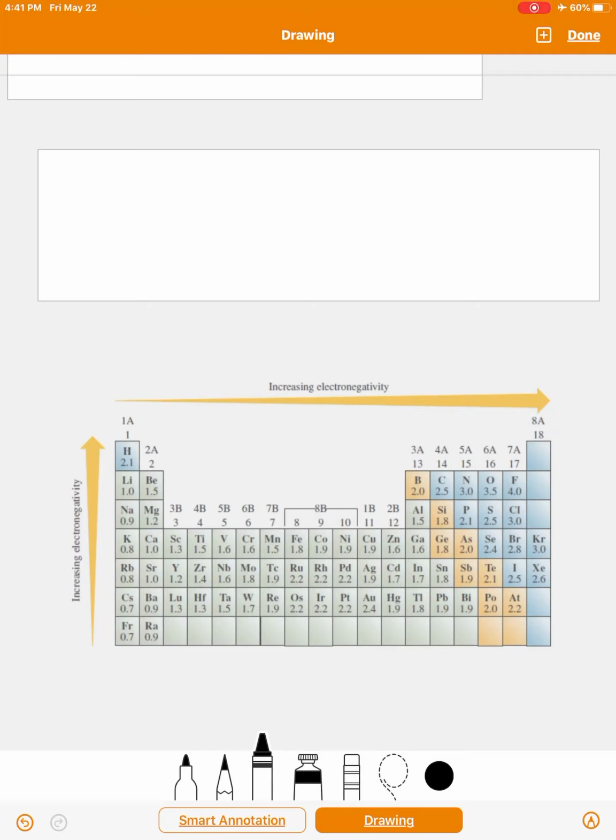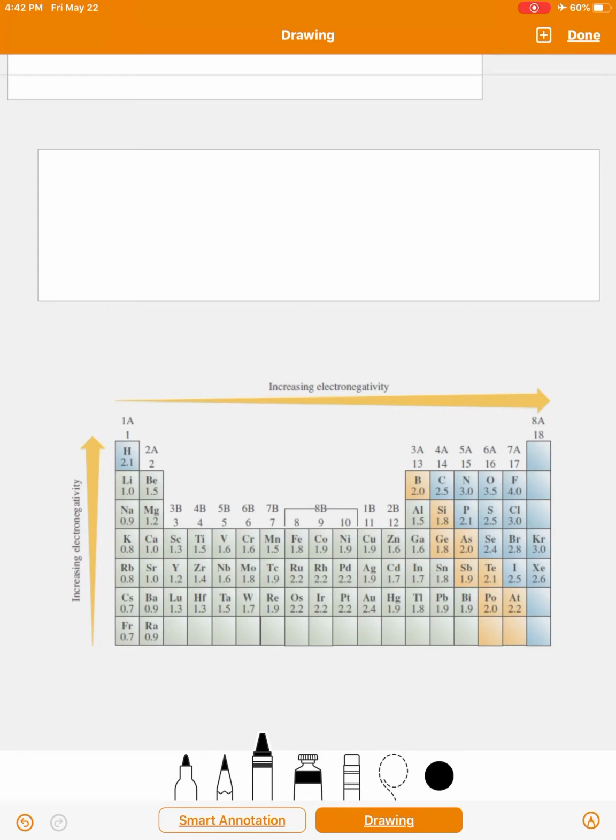The non-metals in blue tend to have the largest values. The metals tend to have smaller values. Okay? One pattern is as you move from left to right, the electronegativity increases. As you go from bottom to top, it increases as well. So that leads us to the highest values in the top right and the lowest values in the bottom left.